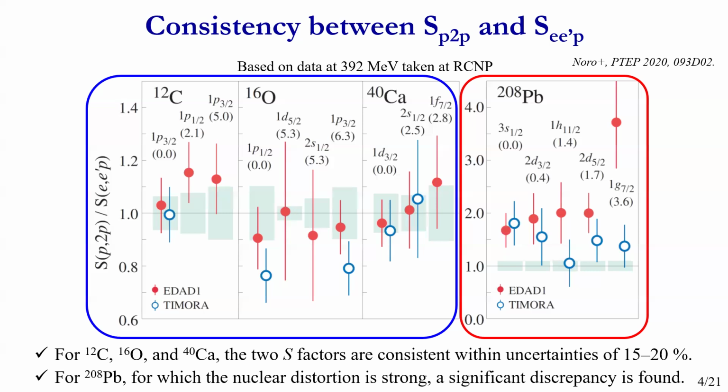For zirconium, probably we have a similar deviation as in lead-208. If the target nucleus is heavy, that probably corresponds to a strong distortion effect, something happens. That is a phenomenological observation. I would like to understand the reason, but currently I have no idea. Thank you.